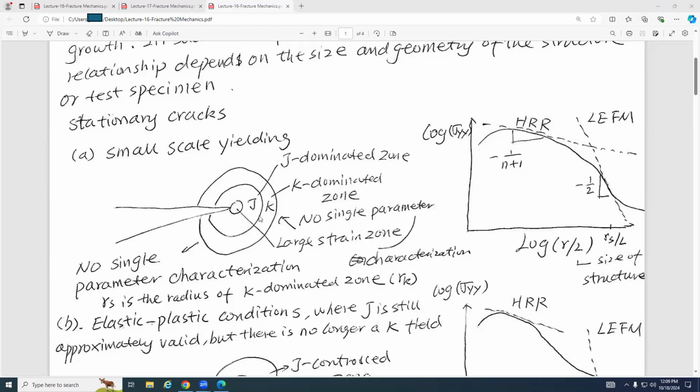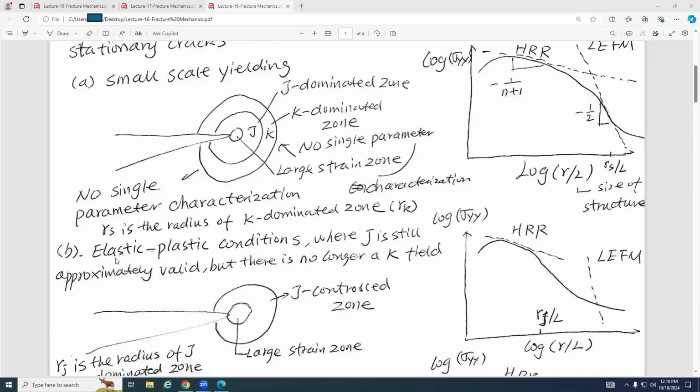You understand, guys? So RK, you can see, is the radius of the K dominated zone. And we can use the RK here also. For the second, elastic plastic condition, J is still approximately valid, but there is no longer a K field. You can see here in this area, this is LEFM. This LEFM differs substantially from this curve. That means for this condition and this condition, LEFM fails.